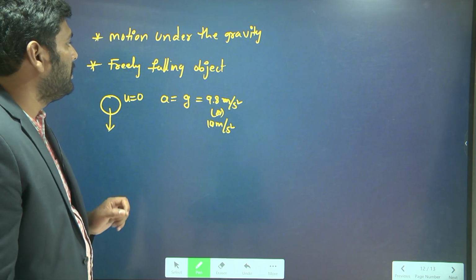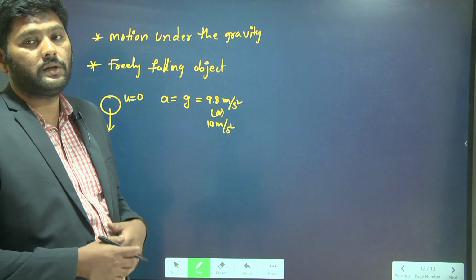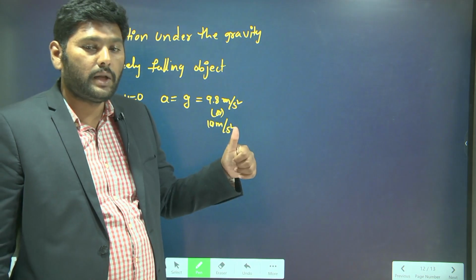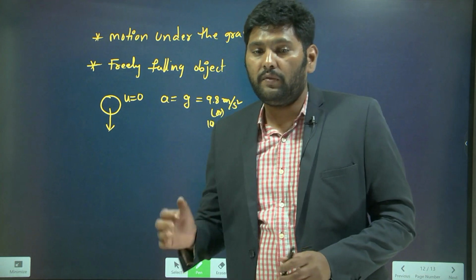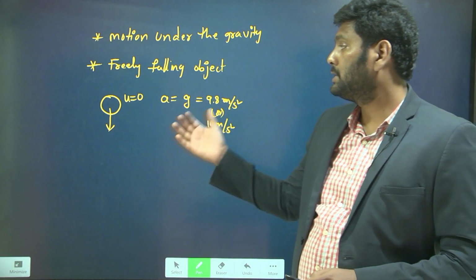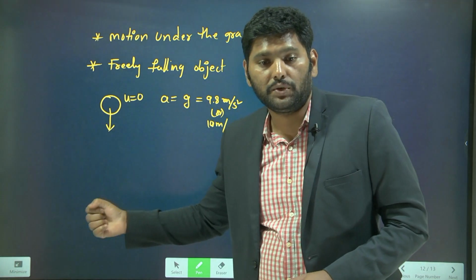Now here we have to derive some quantities, that is nothing but the time taken to reach the ground, the time of flight, and next, what is the velocity when it is reaching the ground.